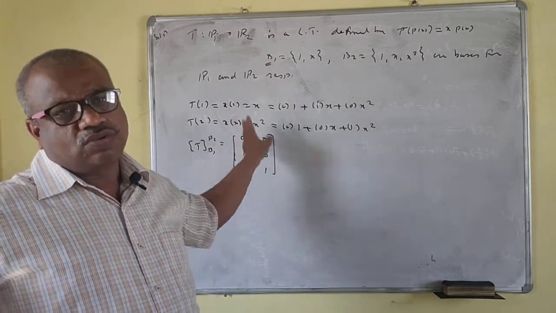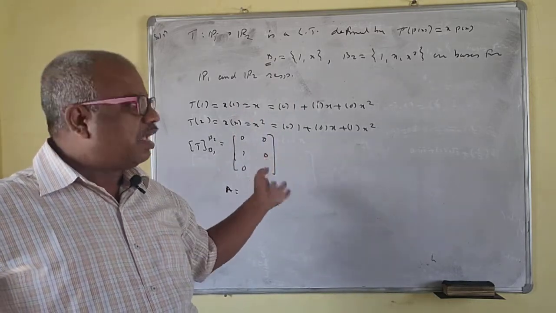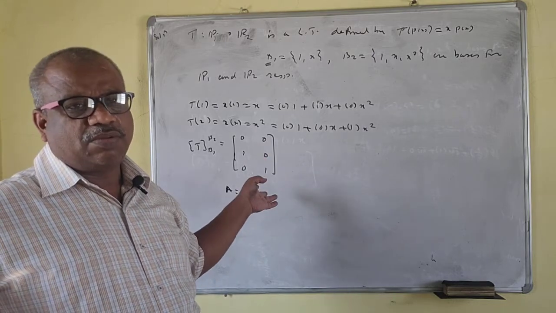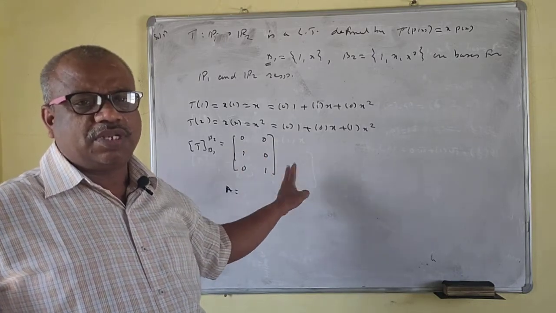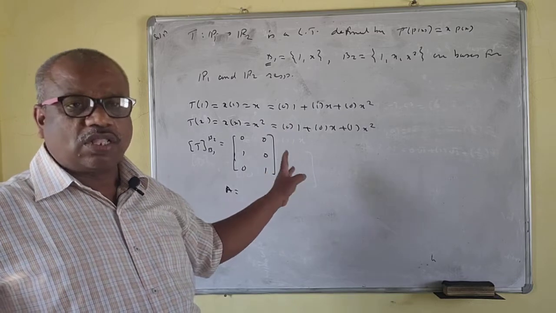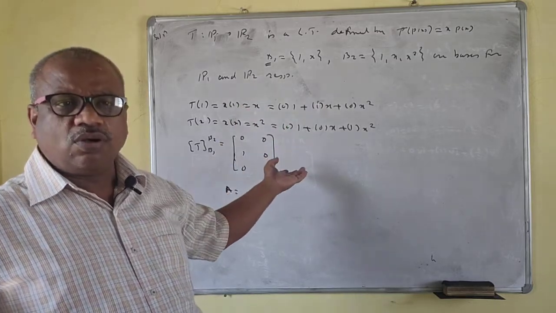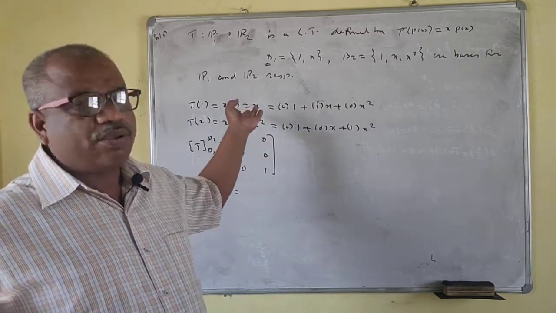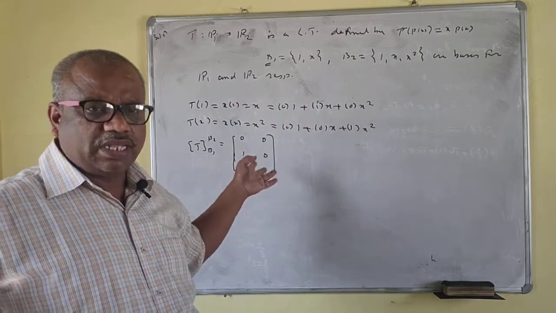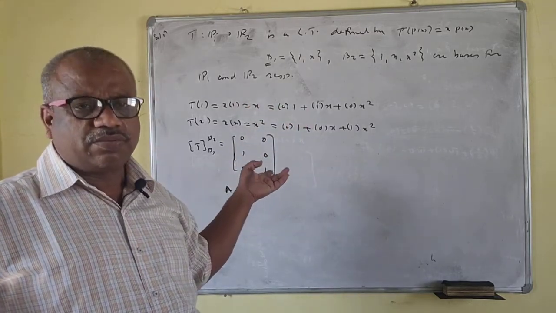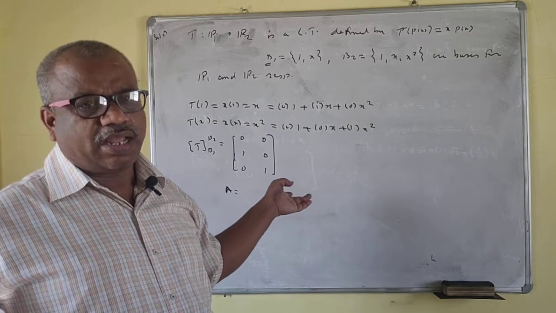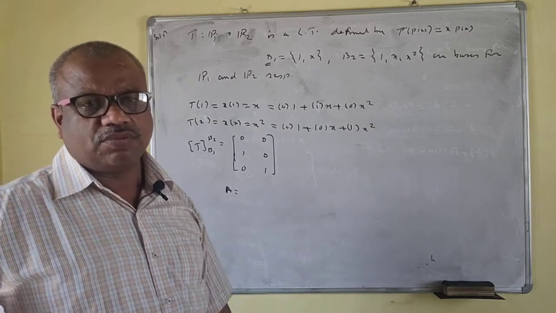Rank of A is rank of T, then apply the dimension theorem: rank of T plus nullity of T is equal to the number of columns, or the dimension of the domain. For T from R2 to R3, you know the dimension of the domain, so by the dimension theorem you can find the nullity.